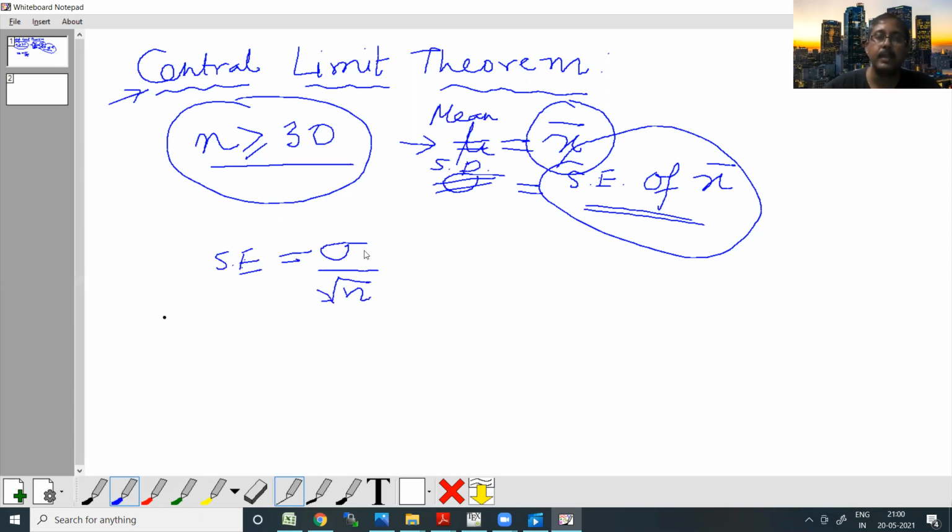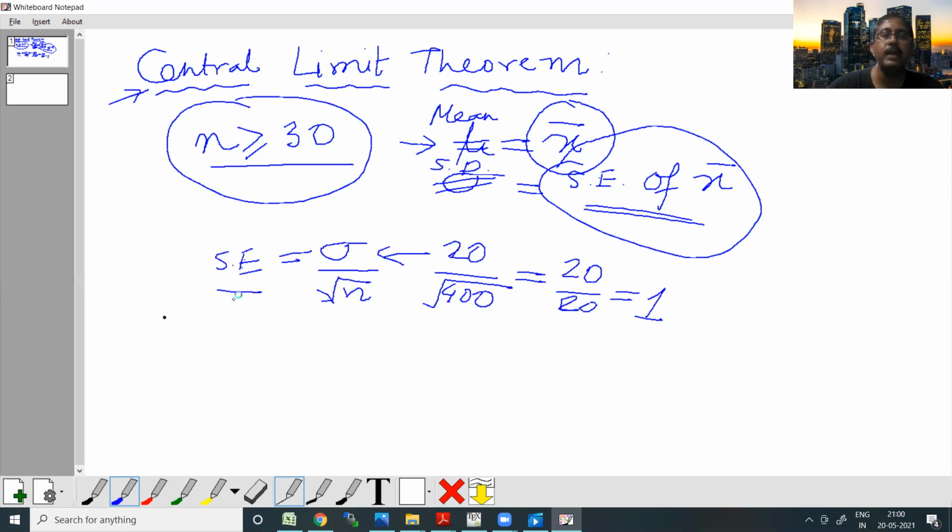Now, say I have a standard deviation for the population as 20. I'm just picking some number, and let me say that the sample size is 400. So root over 400 is 20, and this is going to be 20 by 20, which is equal to 1. This is going to be the value of my standard error. This is very important to note.